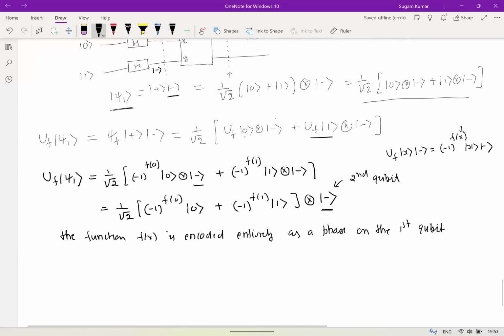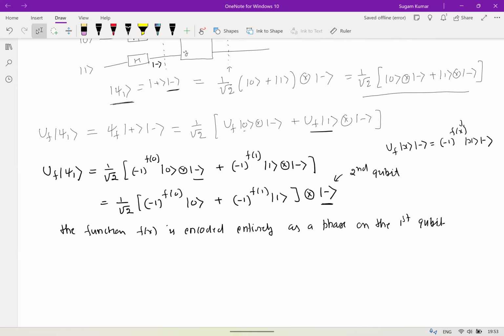Okay. And here the second qubit after this becomes irrelevant.